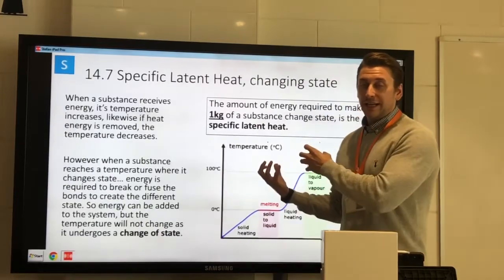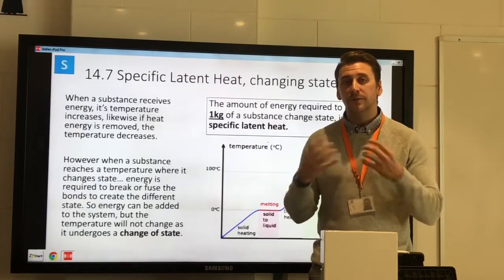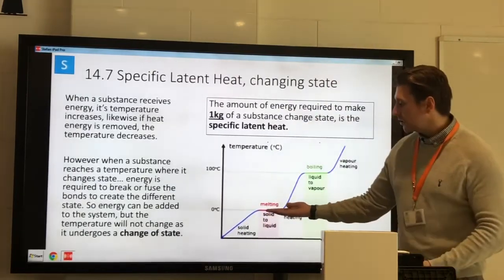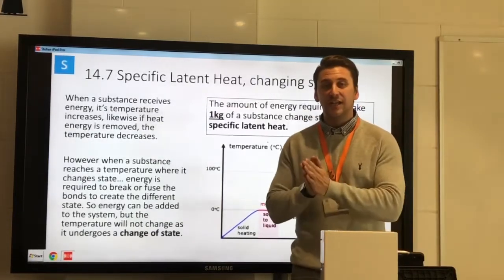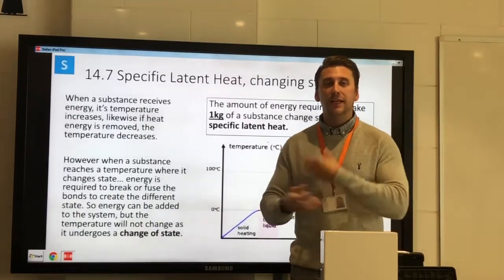So in order to make ice go from solid to liquid, you must break or weaken those chemical bonds between them, and the only way to do that is to provide energy. So the thermal energy that goes into a substance at a state change, so at 0 degrees Celsius where the state is changing, is going into breaking the bonds.